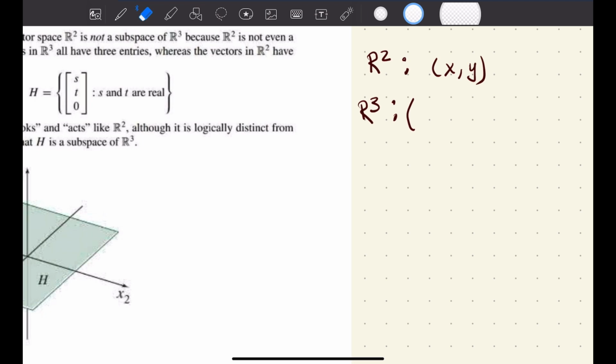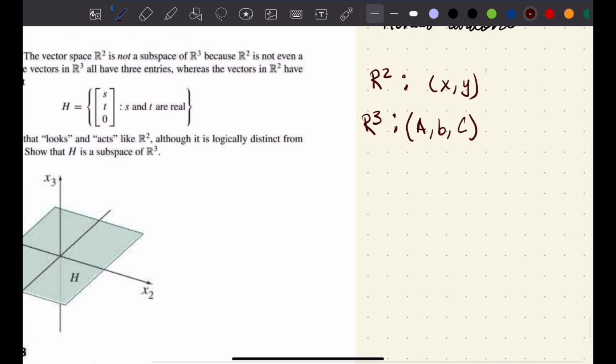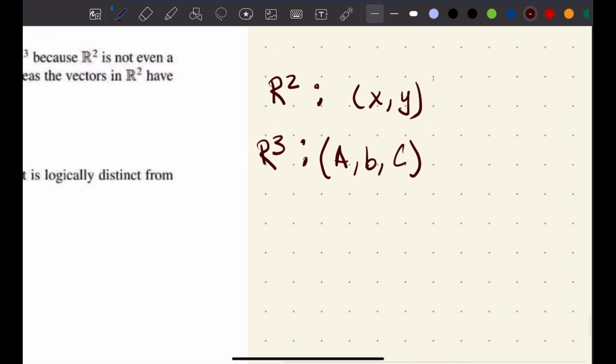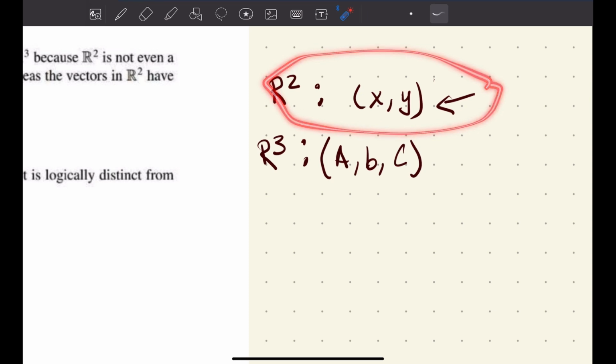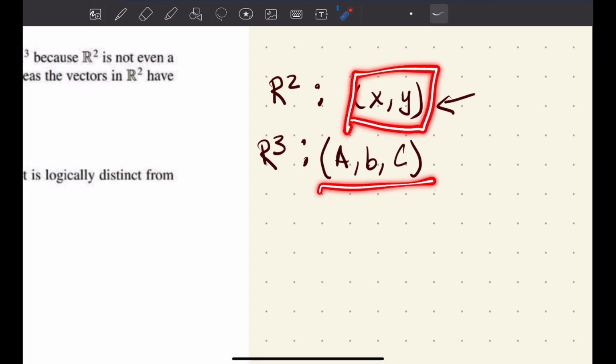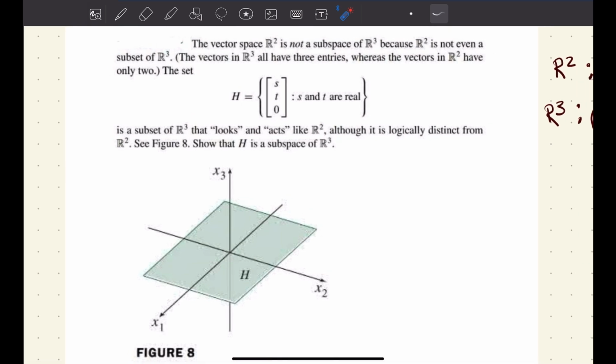Actually, let's use A, B, and C to keep it different. So R2 is not a subset of R3 because they have different numbers of components, aka different variables. This is what it is basically trying to say in here.